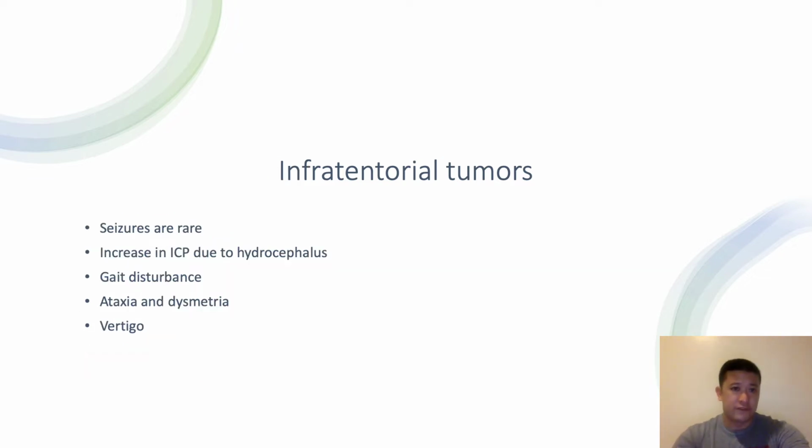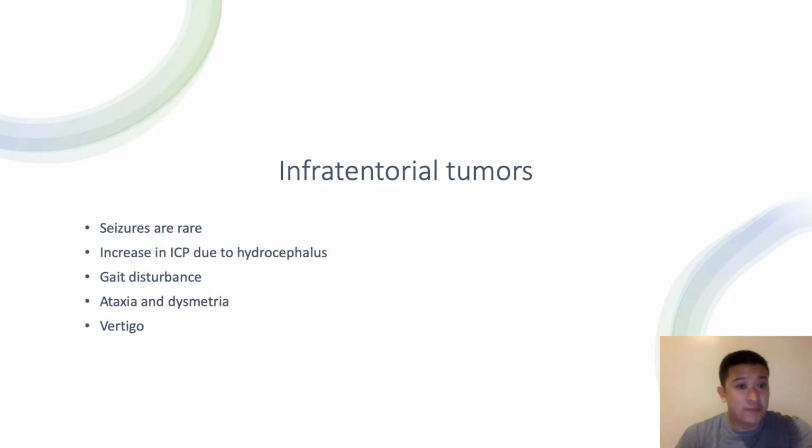Now for infratentorial tumors, so these are tumors that most likely affect the brain structures that are beneath the tentorium cerebelli. So you have your cerebellar hemispheres, CP angle area, or brainstem tumors. So seizures are rare for tumors of the infratentorial region because there's no cortical irritation.